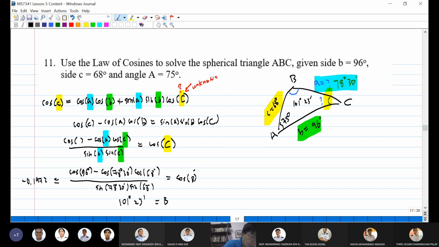So this is angle C, and then this is angle B again.